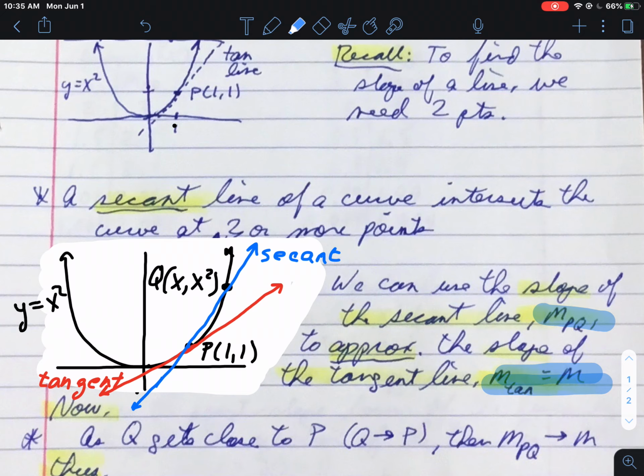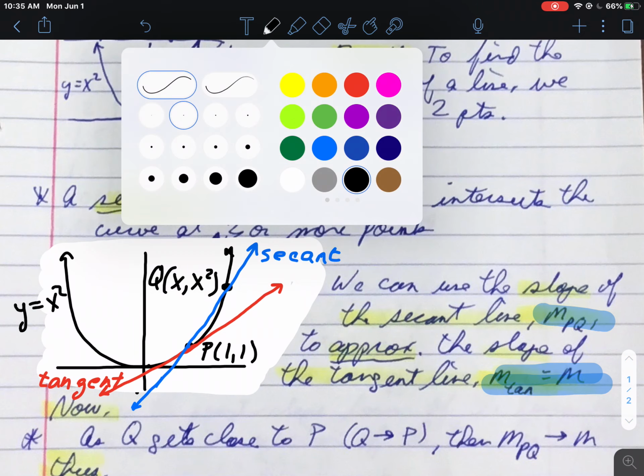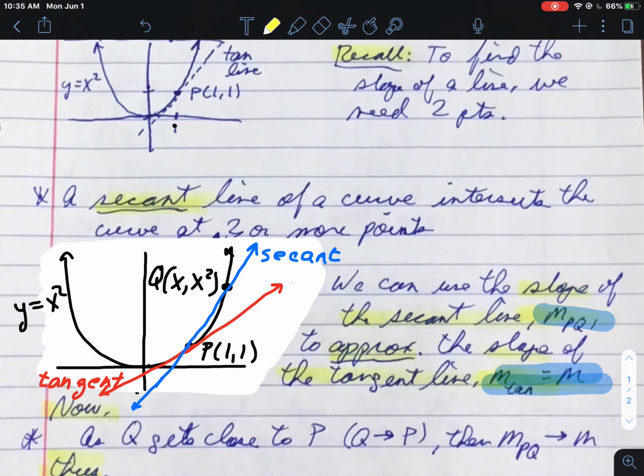But think about this. If I take this point Q, let me change this color, how about yellow? If I take this point Q and I move it along the curve, closer and closer to that point P, and you draw in those secant lines passing through point Q, as Q moves down this curve and gets closer and closer to P, then that secant line starts to look more and more like the tangent line. It gets closer and closer to resembling the tangent line.